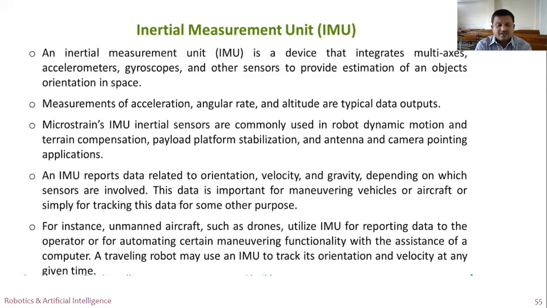This data is important for maneuvering vehicles or aircraft, or for tracking for some other purpose. For instance, unmanned aircraft such as drones utilize an IMU for reporting data to the operator or for automating certain maneuvering functionality with the assistance of a computer. A training robot may use an IMU to track its orientation and velocity at any given time.